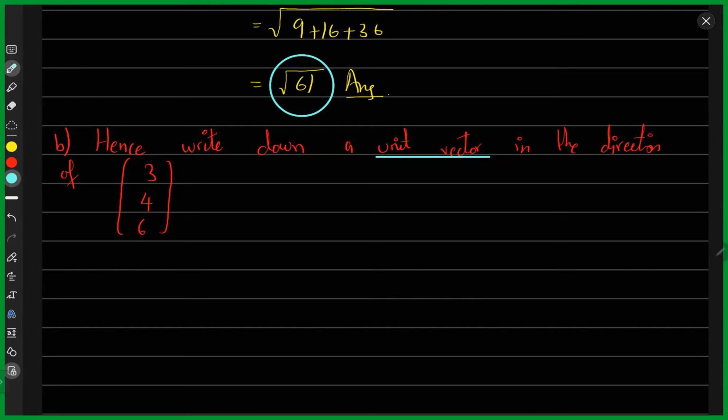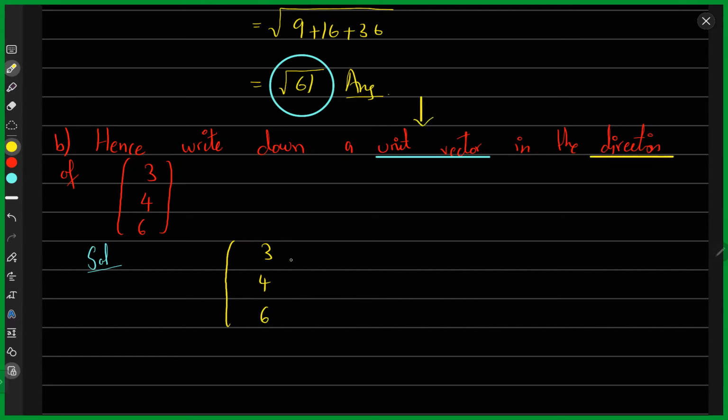So the idea is going to be the same. What do we do? It's 3, 4, and 6 because the direction has to be this, but it has to be a unit vector.